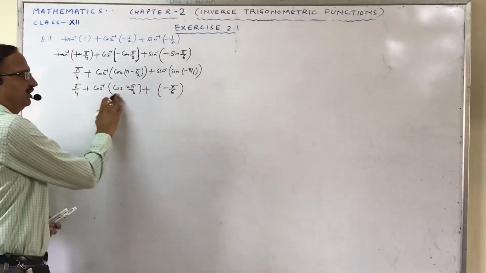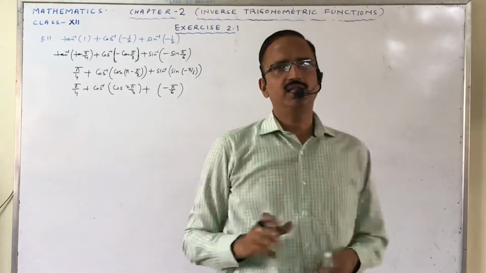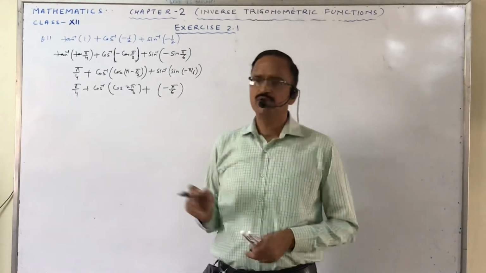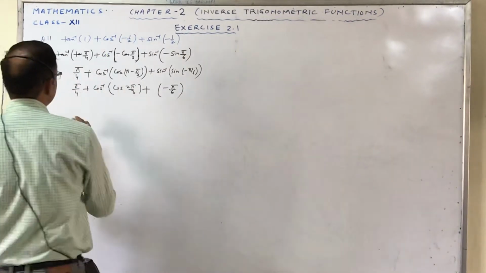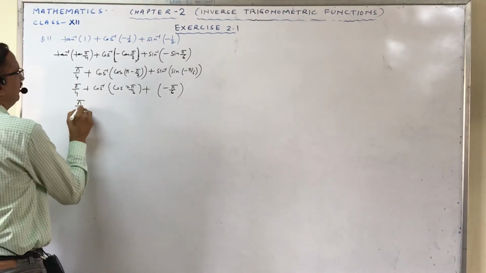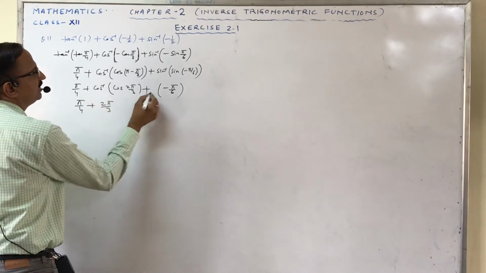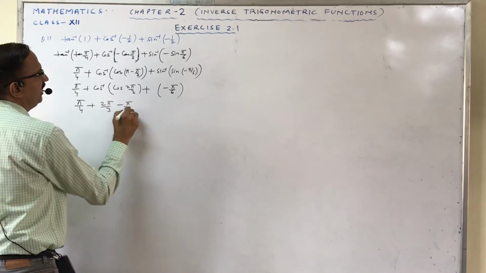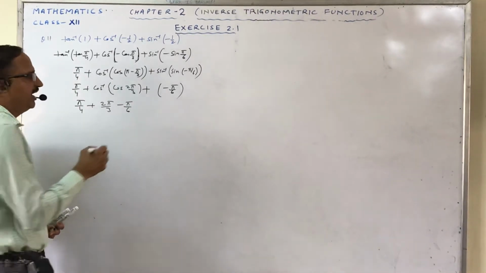Here also this 2 pi by 3 is the value that lies in the principal value branch of cos inverse, that is 0 to pi. So cos and cos inverse cancel out, we will get pi by 4, 2 pi by 3, and this is what? Minus pi by 6. Now solve this by taking the LCM.